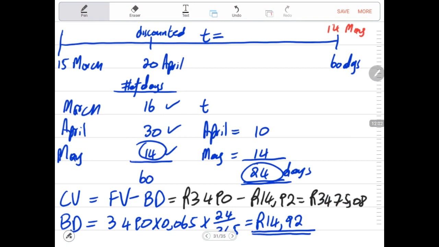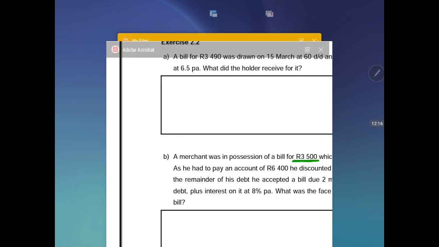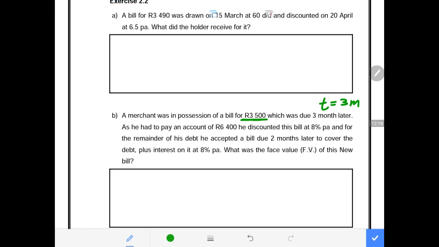This bill was due 24 days later, from the 20th of April. Now this is the same case where this person is having a bill of 3,500, which is the face value of the bill, and it is due 3 months later. So the 3 months later is the unexpired period.